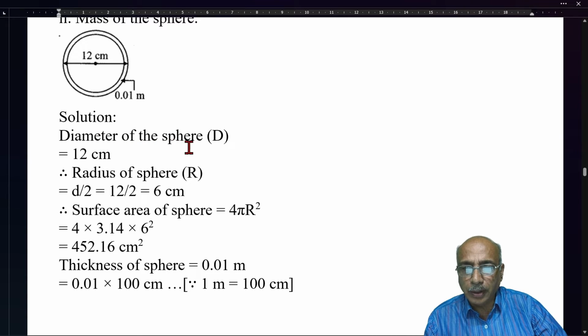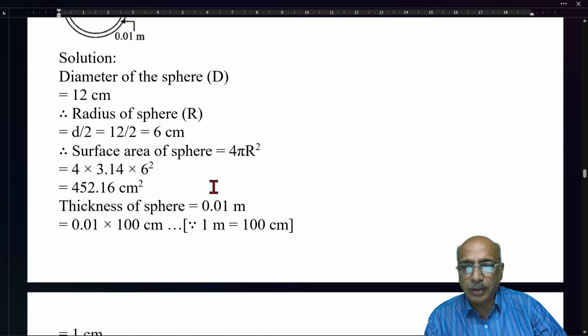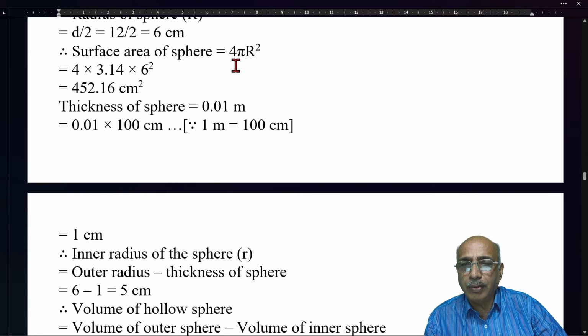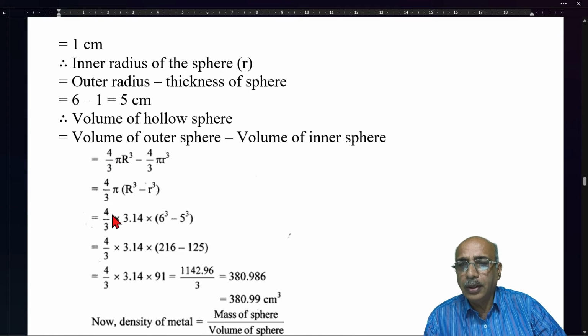Diameter of the sphere D equals 12 centimeter, therefore its radius will be 6 centimeter. Surface area of sphere equals 4 pi r square. You will get after calculation 452.16 centimeter square. Thickness of sphere is 0.01 meter. Convert into centimeter. So 0.01 into 100 equals 1 centimeter.